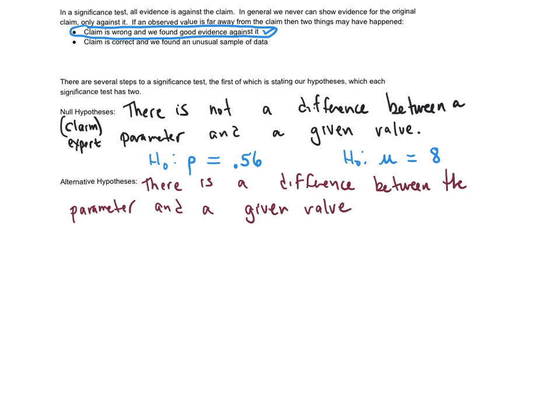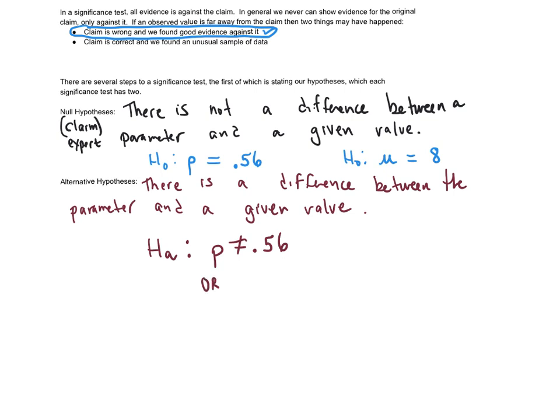So instead of saying that P is equal to 0.56, we basically want to disagree. So one case you could say is the alternative, which we typically denote H sub A, H for hypothesis, A for alternative. We could say, well, I don't agree with that. I think it's not 0.56. So this would be an alternate view. This is basically a disagreeable statement. You say it's 0.56, I say it's not.